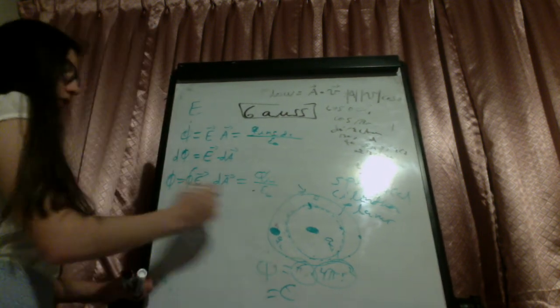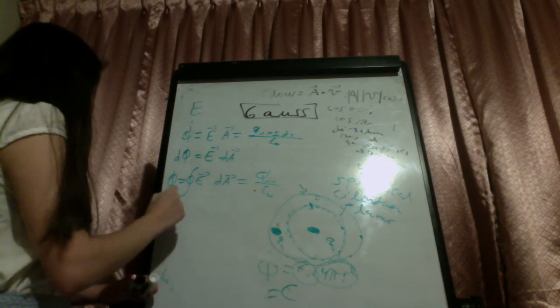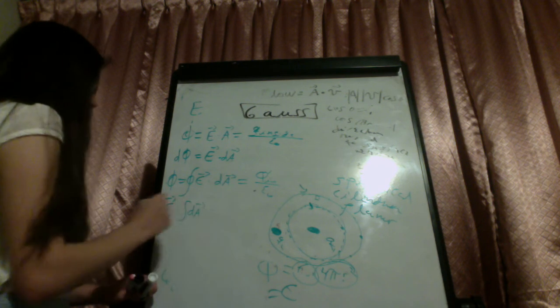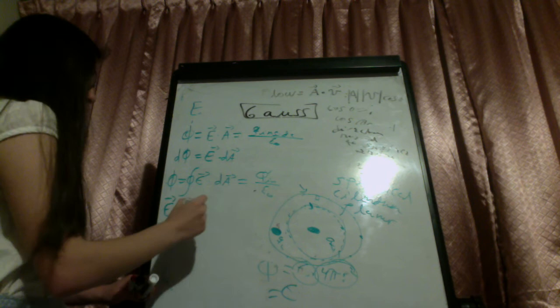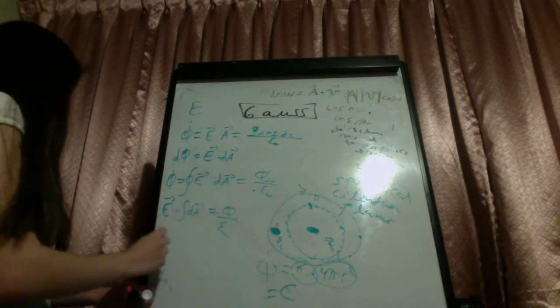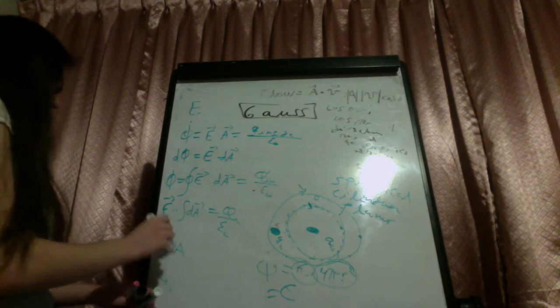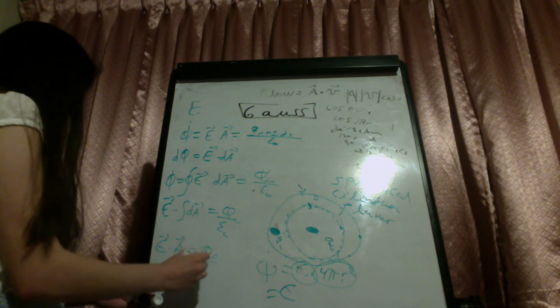The electric field could be constant here at any point, so you could just say electric field times the integral of dA, is equal to Q inside divided by epsilon naught. So you have E dot A is equal to Q inside divided by epsilon naught.